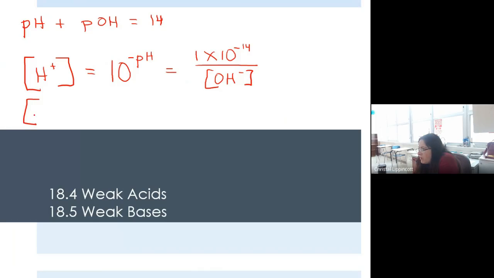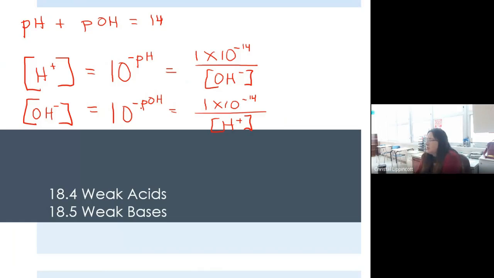Likewise, my hydroxide concentration would equal 10 to the negative pOH, which equals 1 times 10 to the minus 14 over my hydronium concentration. Wow, I'm getting those messed up today. Sorry. So there's a couple of different ways to approach this, depending on how you want to do it. I think it's easier to do 10 to the negative whatever because it's less keystrokes. I'm just lazy that way.